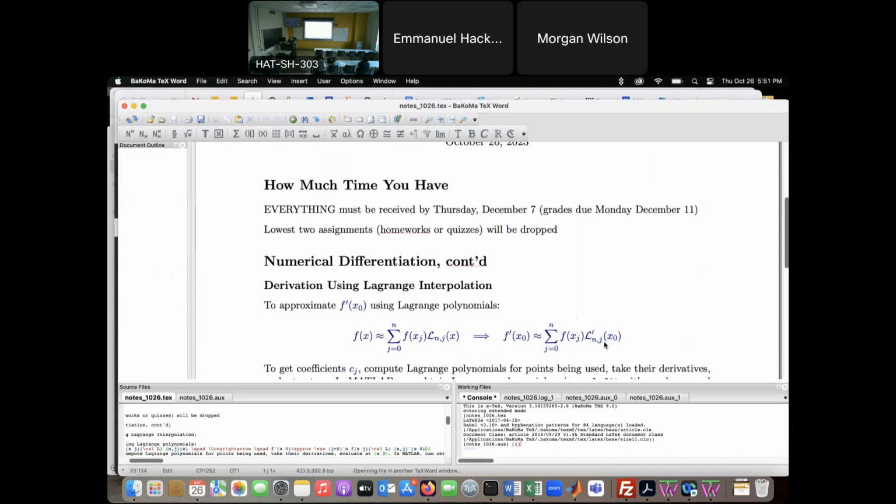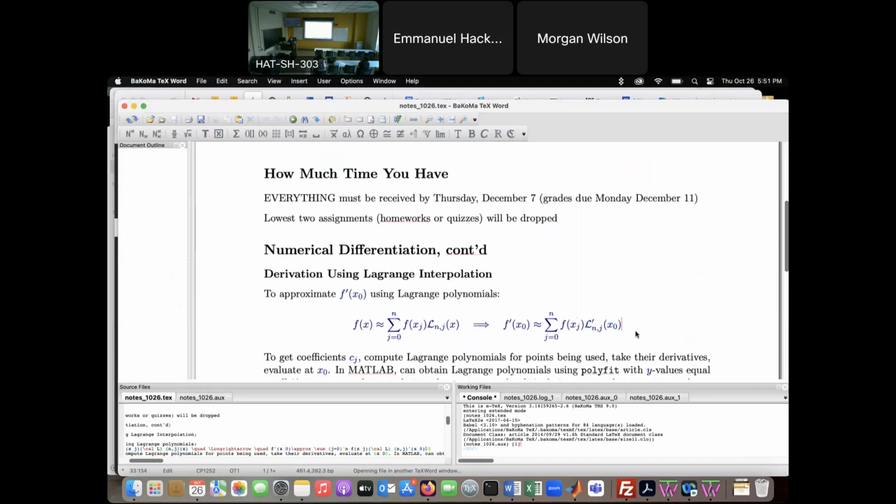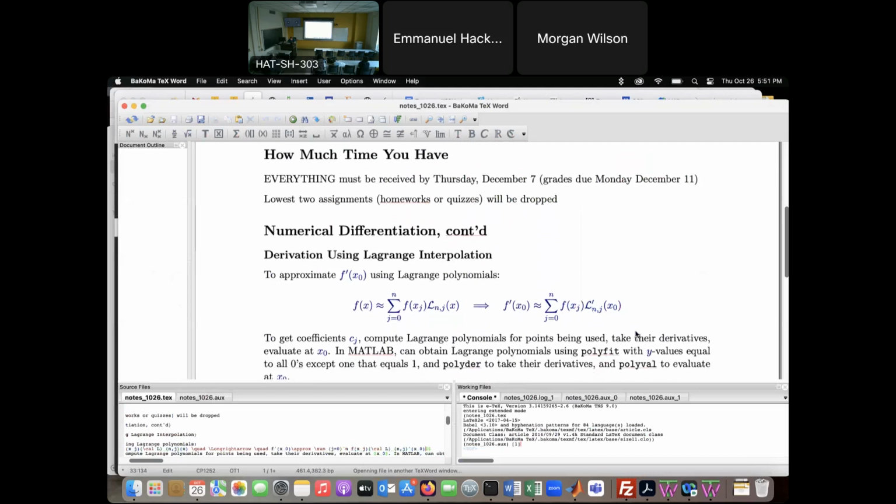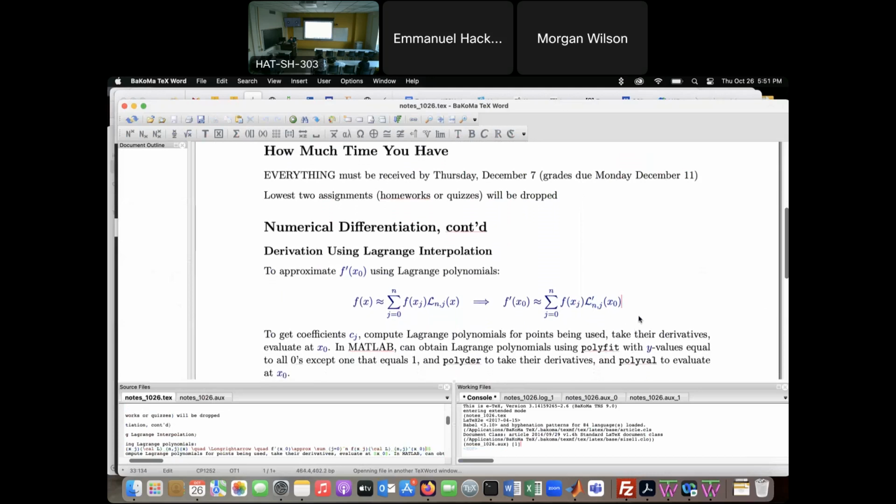So we can get the coefficients that way instead of using Taylor expansion. Now, that's essentially the approach: you're differentiating Lagrange polynomials to get the coefficients that you need.